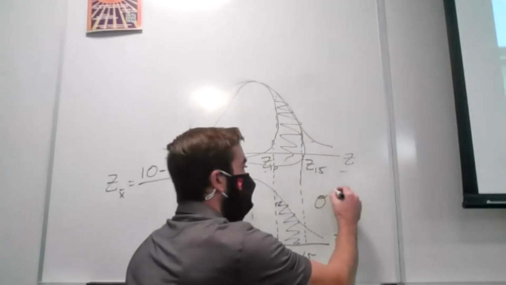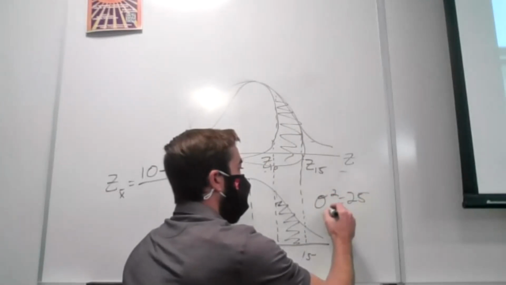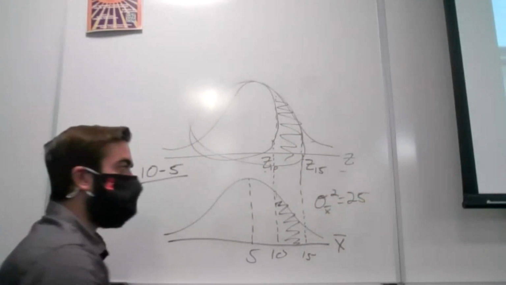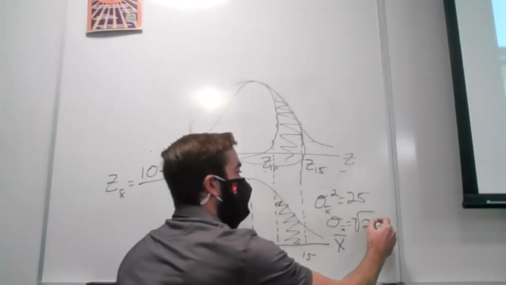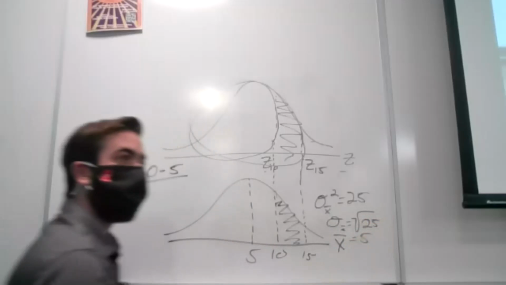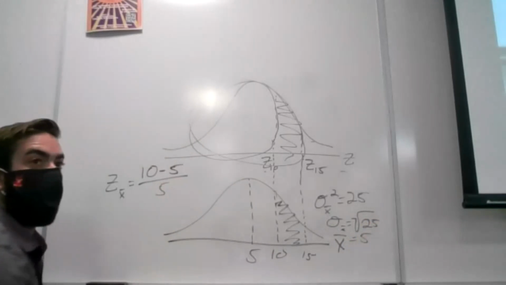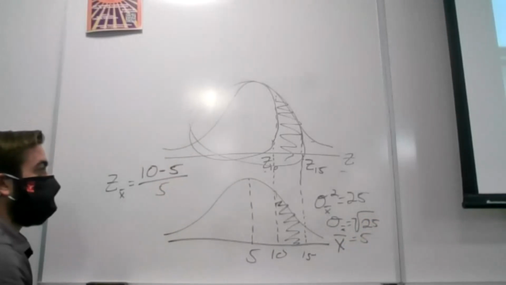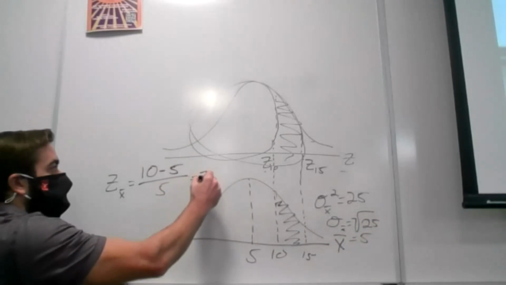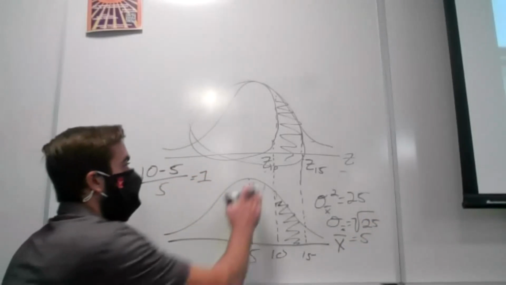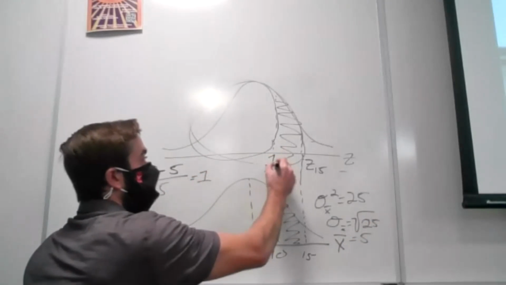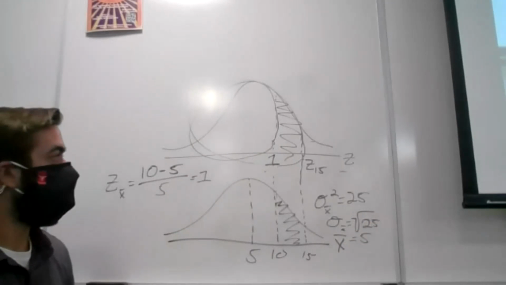Before, we had the variance as 25, so the standard deviation is the square root of that, or 5. So I divide by 5. This is equal to a z-score of 1. So the first z-score I want to find the area to the left of is 1.